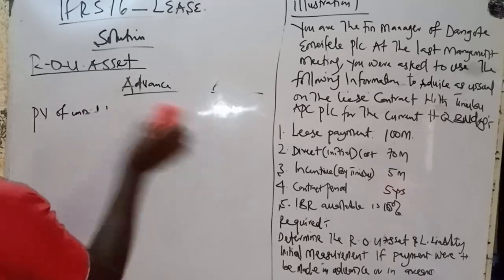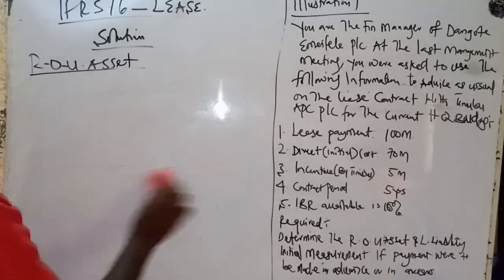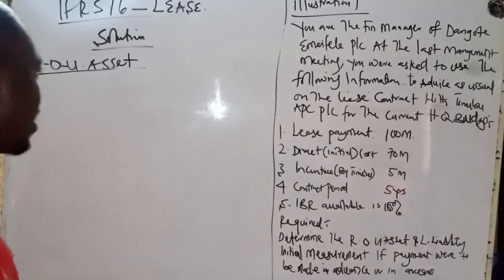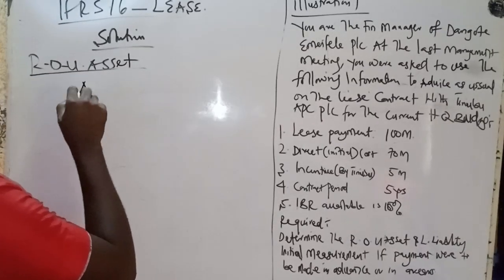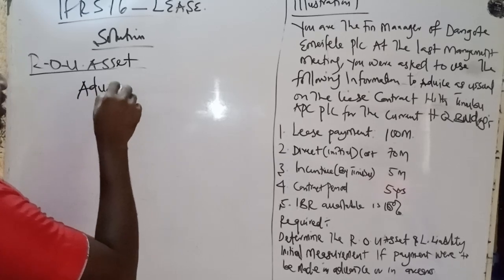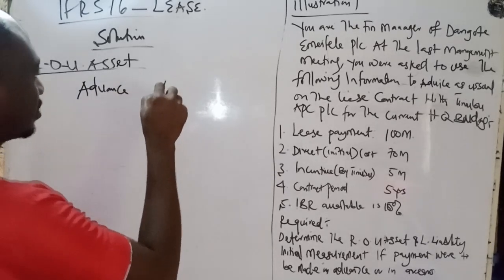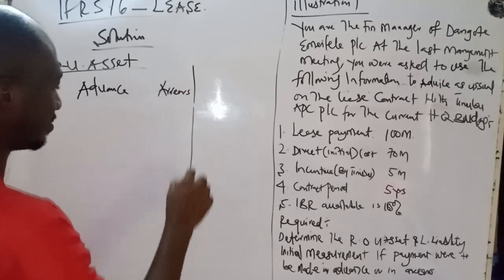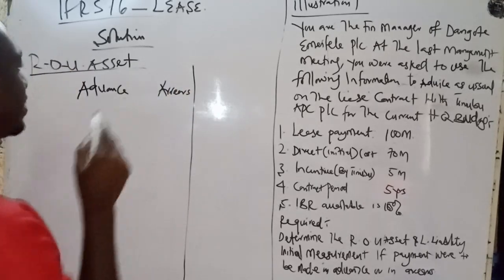Okay, right of use asset, that's what we want to determine under the arrears and then the advance. So I will put the two together as I have done when I was doing the formulation. Then you have the arrears, right of use under the same headline.